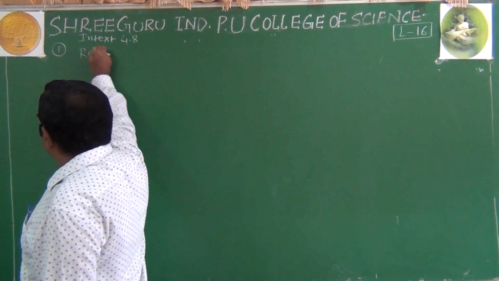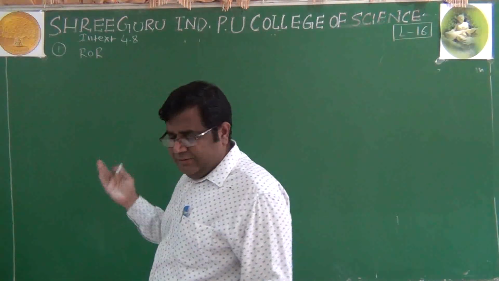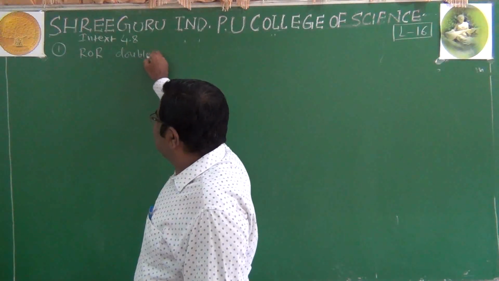Rate of chemical reaction, I will make it short now because we did not write again rate of reaction. Doubles means increases 2 times.